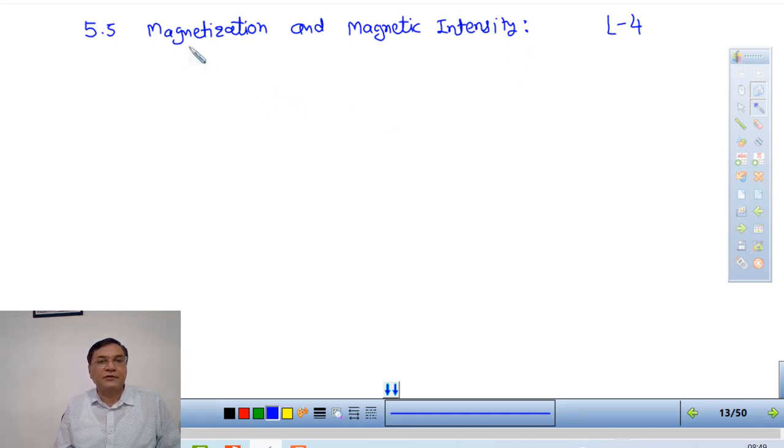So this is the topic: magnetization and magnetic intensity. If you see the earth or universe, it is made of a variety of materials or compounds, and each possesses magnetic property, as we already mentioned.